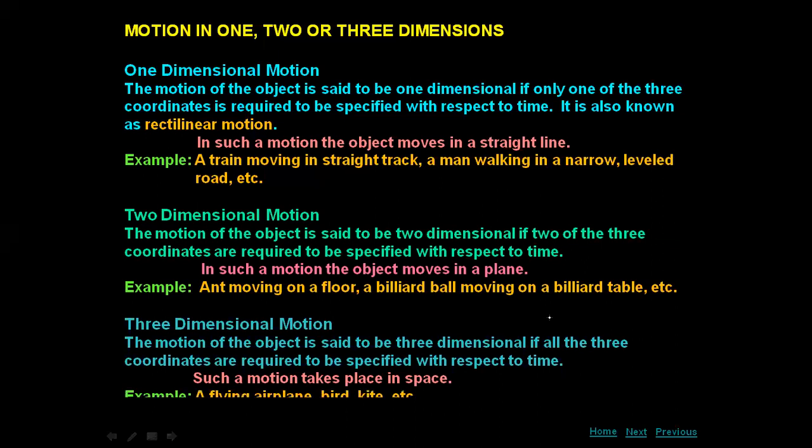Such motion takes place in space, 3D motion. Examples: a flying airplane, bird, kite. A kite very near the surface of Earth is sometimes considered 2D motion with respect to height and distance, but sometimes we take it as 3D motion.